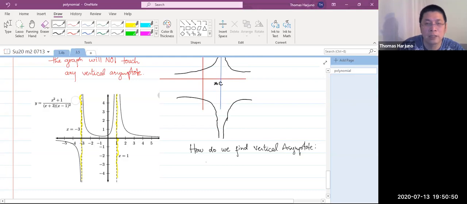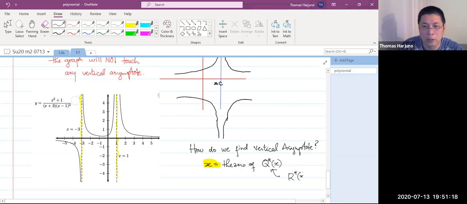The vertical asymptote is given by x equals the zero of Q star of x, the simplified version of R of x.